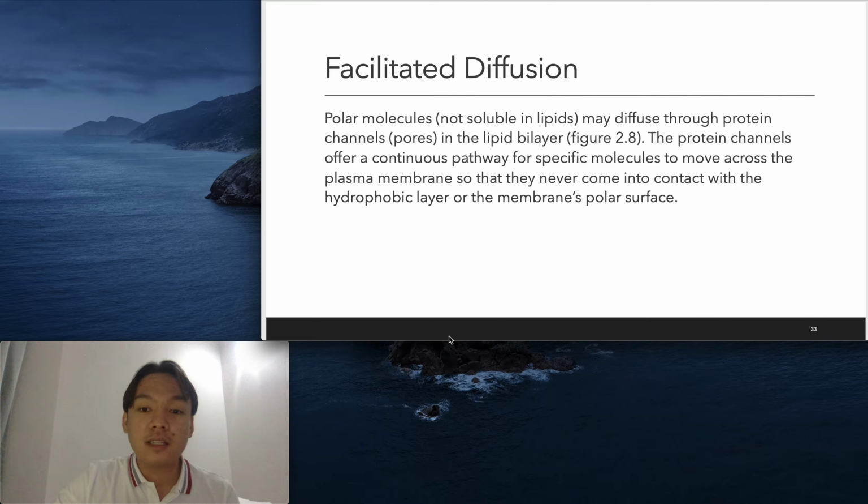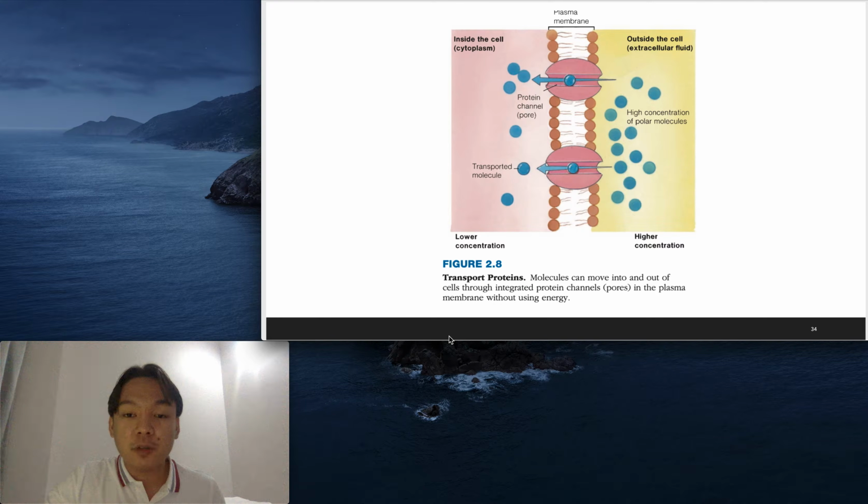These protein channels offer a continuous pathway for specific molecules to move across the membrane of your cell, so that they never come into contact with the hydrophobic layer of the membrane's nonpolar interior, which doesn't like water, so these pores help them come in. The transport proteins, or protein channel pores, transport these molecules from outside the cell, or the extracellular fluid, going inside.